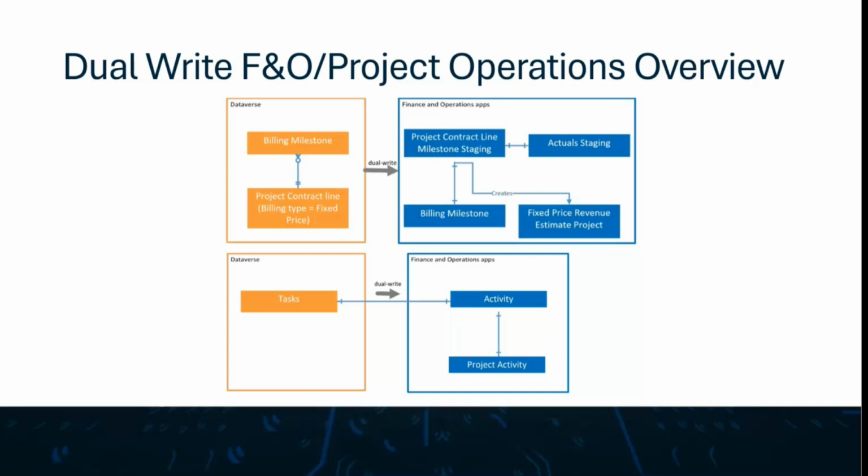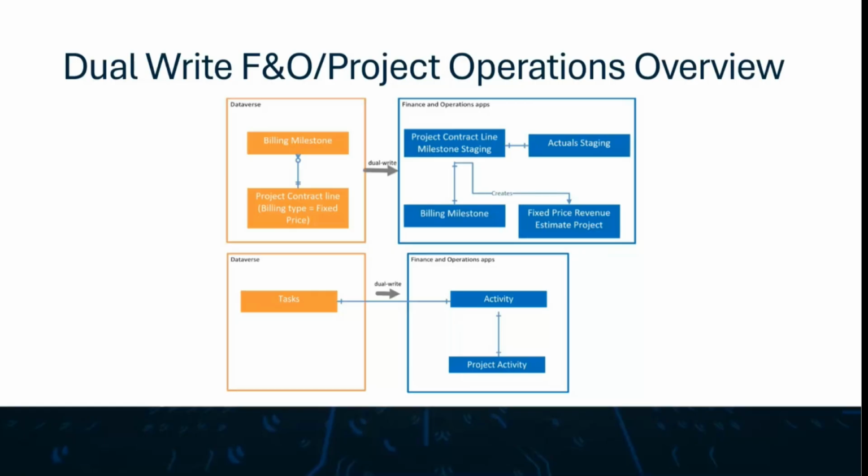So things like milestone billing. Typically we see a project manager is responsible for indicating that a milestone has been achieved, and then sending that information over to accounting so that accounting can actually invoice the customer for that milestone payment. Or in the case where there has to be some revenue recognition, it's indicating we've achieved that milestone and that revenue can be recognized.